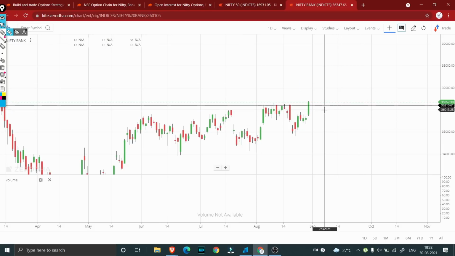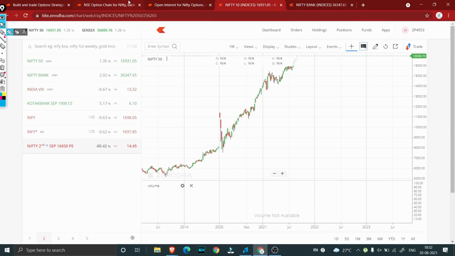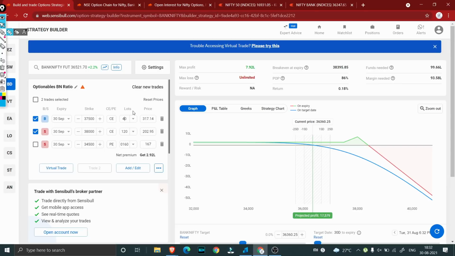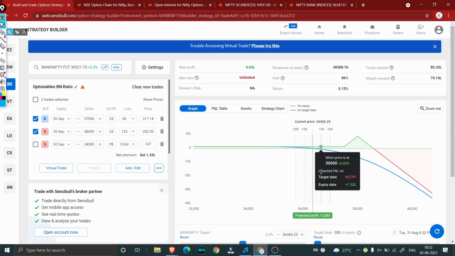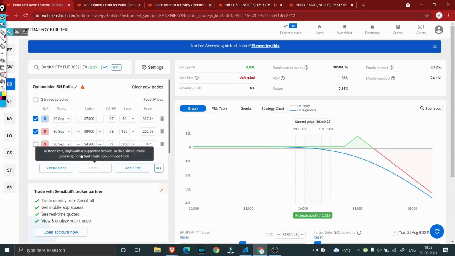Again, the moment it breaks 36,000, we will be changing this particular trade. So now what we have done is, based on whatever we saw, I added some extra buy leg just for an extra level of safety. We added some extra buy leg right over here. You can see that the break even has also increased, and during this up move we'll be getting some additional profits.